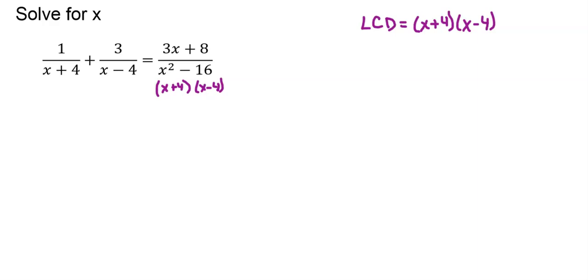Now let's multiply every term by that least common denominator. So we'll multiply x plus 4 and x minus 4 times the first fraction. We'll multiply x plus 4 and x minus 4 times the second fraction.